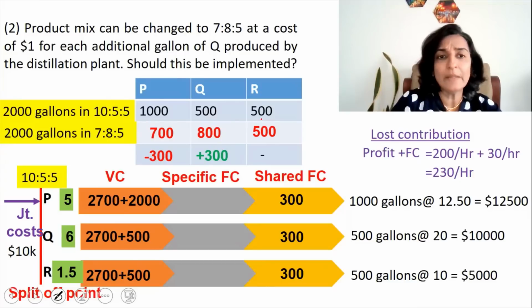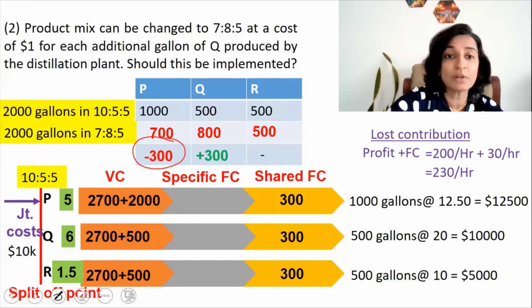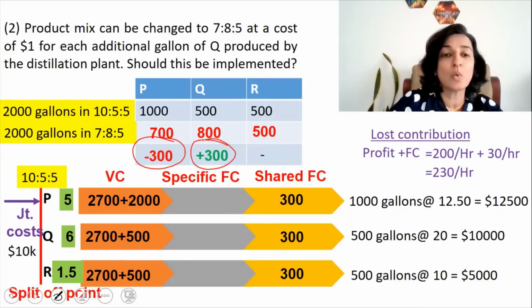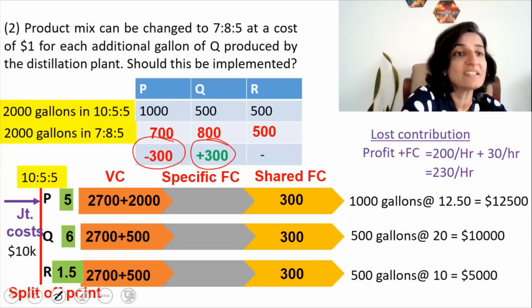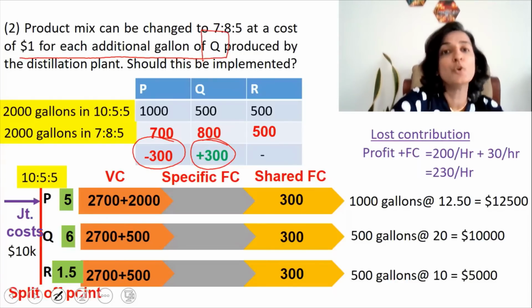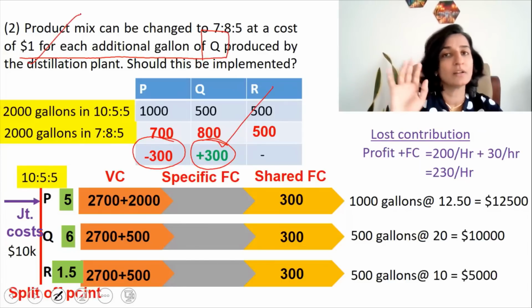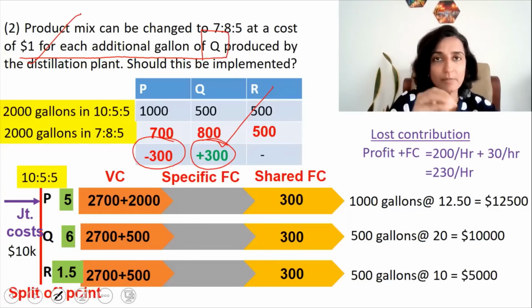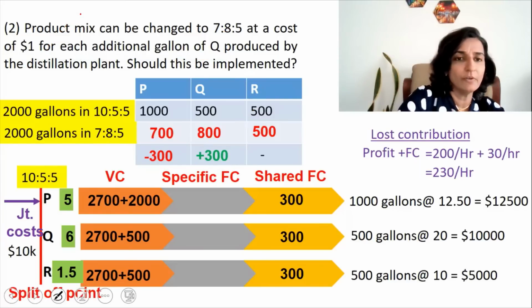Now, what will be the impact if you reduce the quantity of P by 300 units and if you increase the quantity of Q by 300 units? One thing that is mentioned in the question is $1 for each additional gallon of Q produced will be incurred. That is 300 into $1. $300 will anyway be incurred because of this change. What else will happen? Think for yourself.